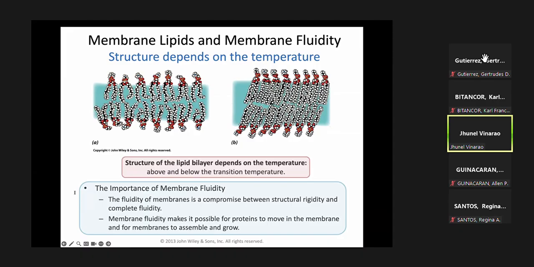No one's responding yet. At higher temperature, what do you think is happening? Or let's say you're suffering from colds and you have a fever. Okay, out of 10 respondents, 9 responded that it tends to be more liquid, which is true.